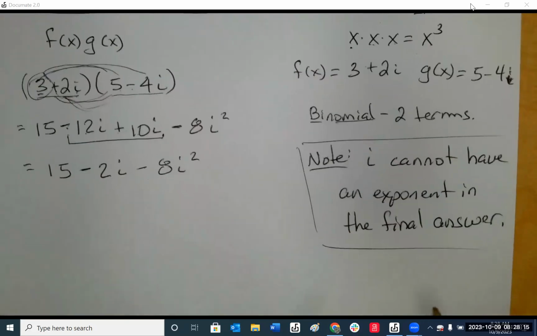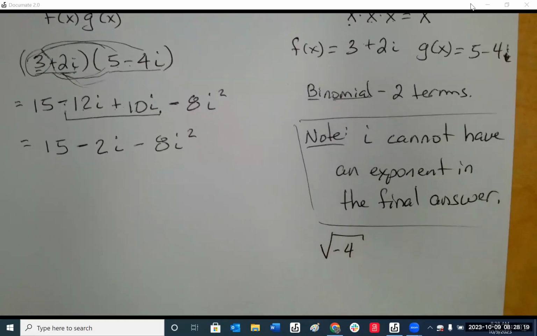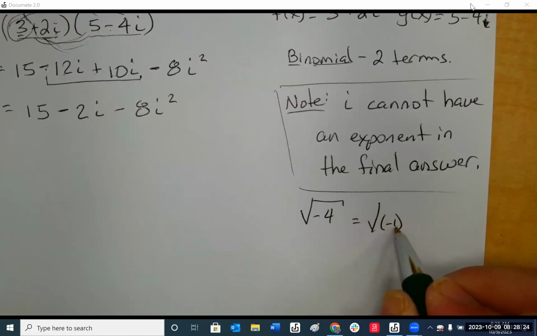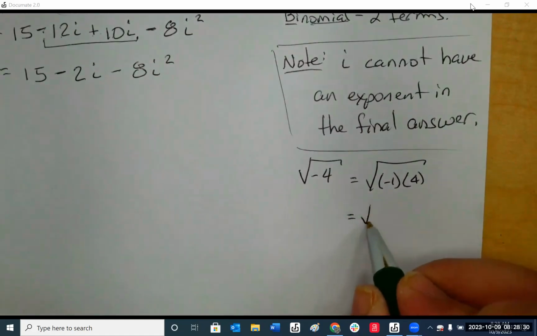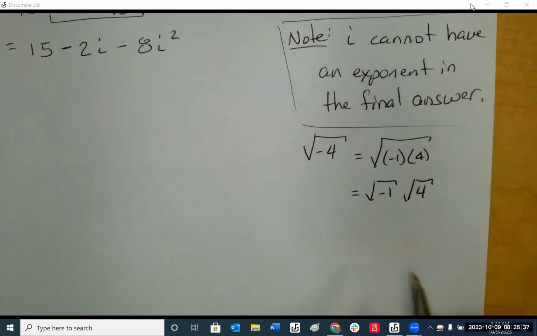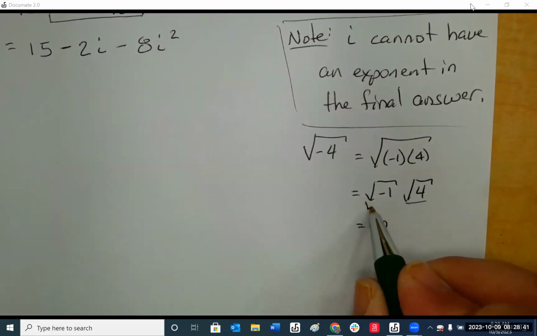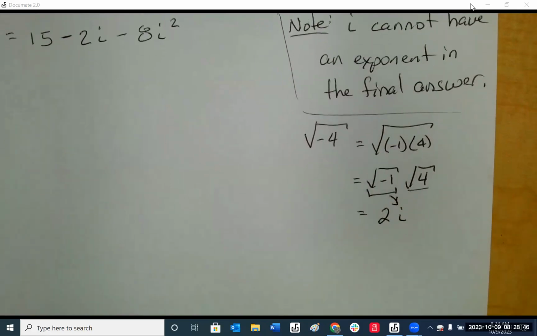So let's see. Remember what we had earlier? We had square root of negative 4. We said that was equal to square root of negative 1 times 4, which equaled square root of negative 1 times square root of 4. Square root of 4 is 2. And then we said that one was i.